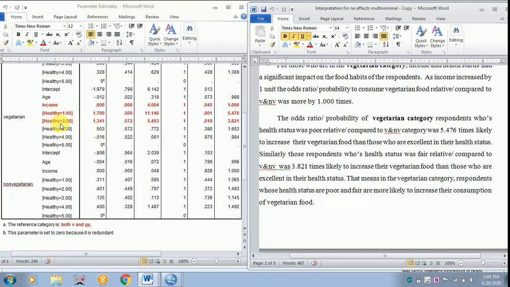Similarly, those respondents whose health status is fair, when compared to that of vegetarian non-vegetarian, was 3.8 to 1 times likely to increase their vegetarian diet than those who are excellent in their health status. That means in the vegetarian category, respondents whose health status is poor and fair are more likely to increase their consumption of vegetarian food. This is how you have to explain in your research.